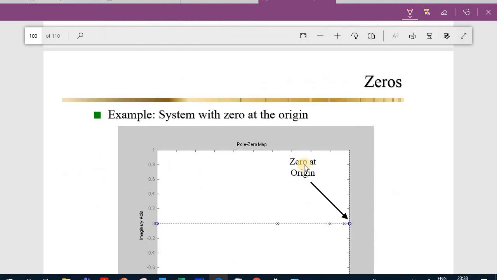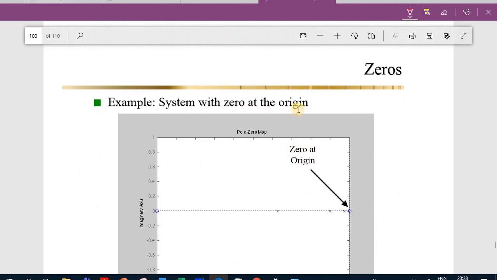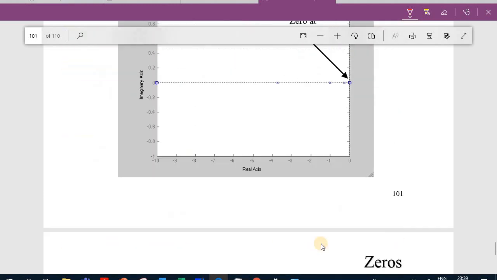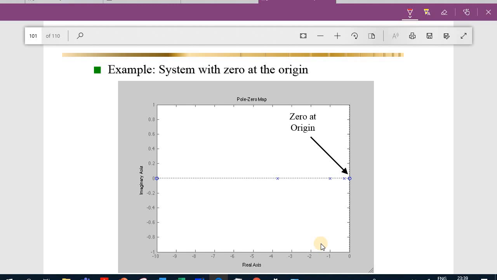What else do I have here? If I have a system with a zero at the origin, what does that mean? It eliminates the effect of the step. That's the only thing that I can say. It doesn't have a meaning that we really can rely on.